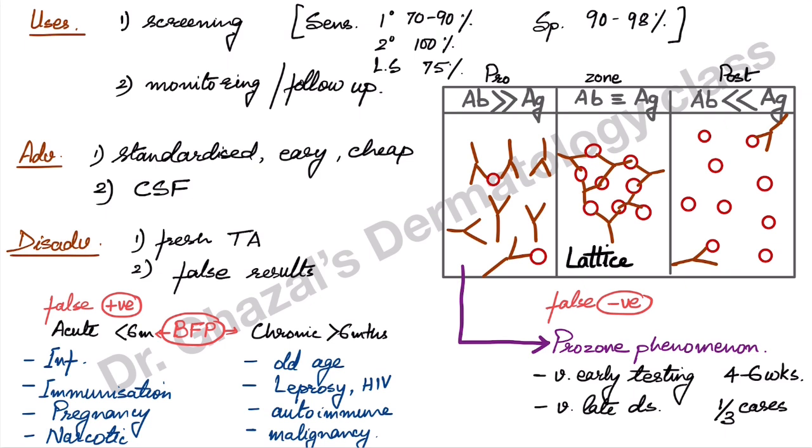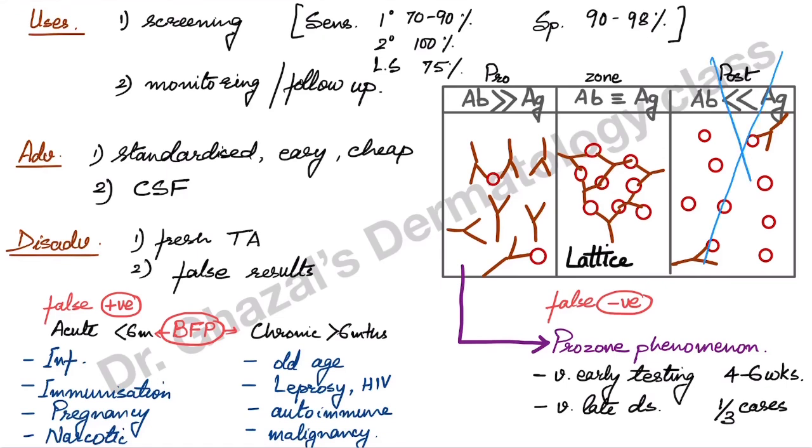But the postzone phenomenon cannot practically occur in VDRL because the test antigen that we are adding is well measured and very accurate in each of the wells. So the case of antigen excess doesn't arise. So, practically, the postzone phenomenon cannot occur.